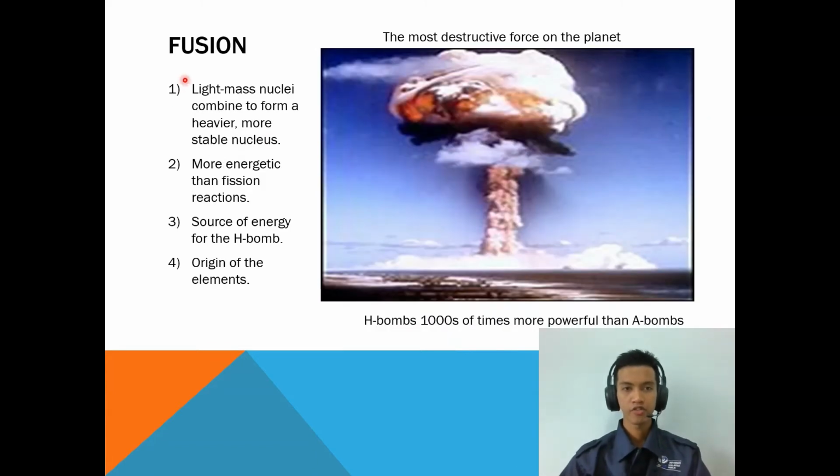Okay, for fusion, light mass nuclei combine to form a heavier, more stable nucleus, more energetic than the fission reaction. It is the source of energy for the H bomb, H meaning hydrogen, and the origin of the elements. As we can see in the picture here, the hydrogen bomb is 100,000 times more powerful than atom bombs.